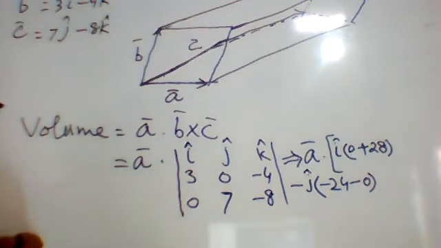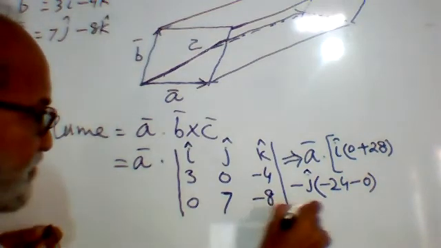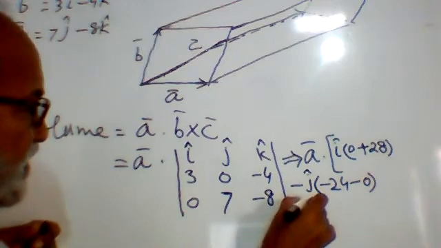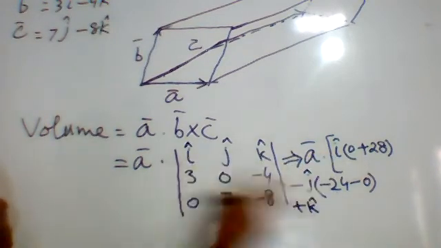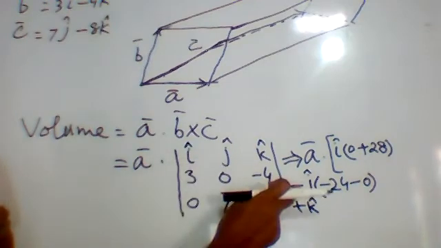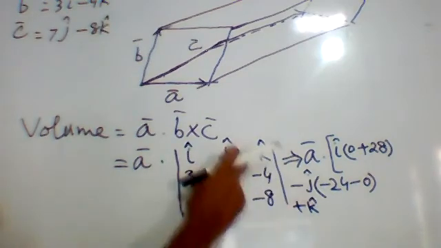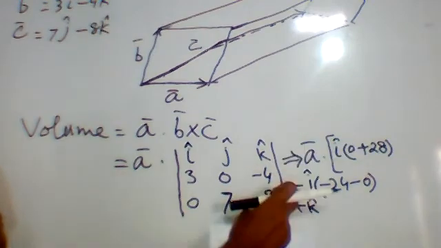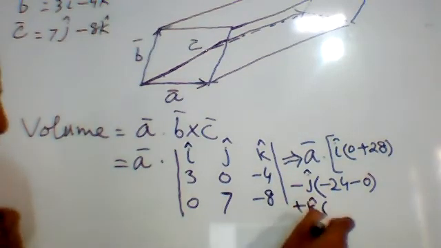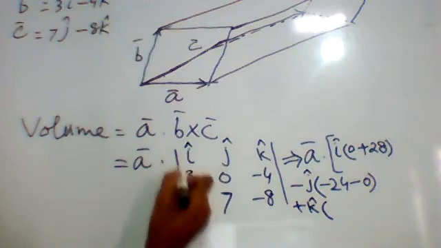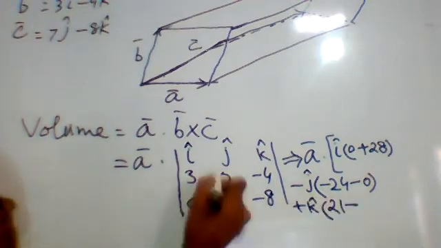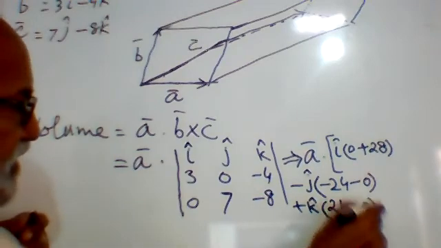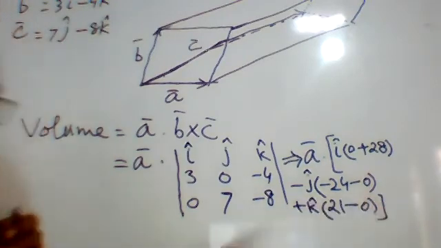Then k plus. I is taken positive, j is taken negative, k is taken positive: one positive, one negative, one positive. For k, leave the kth column and row: 3 into 7 will be 21, minus 0 into 0 will be 0. The larger bracket closes.